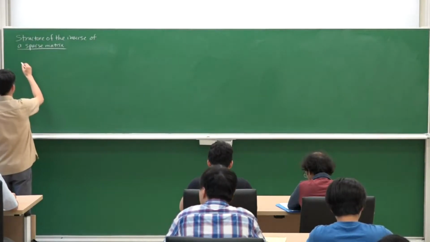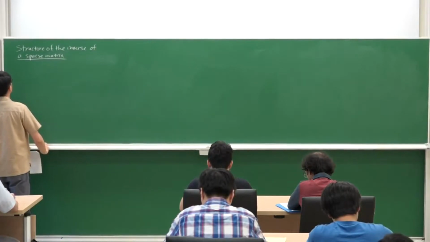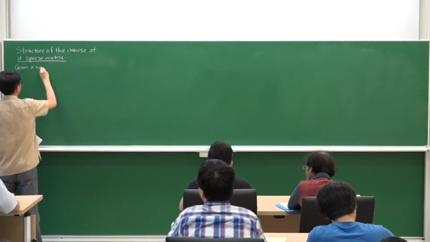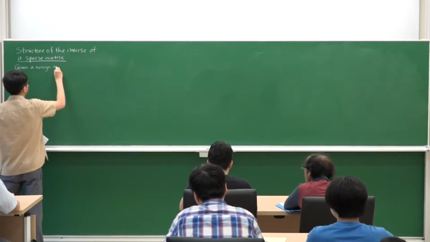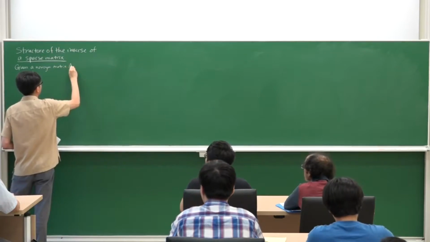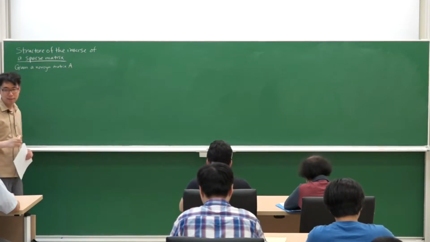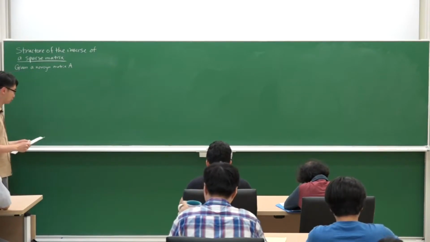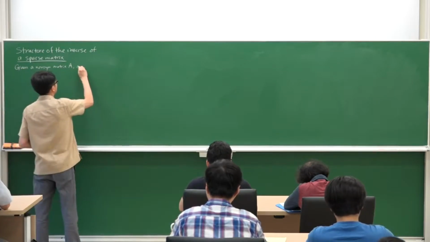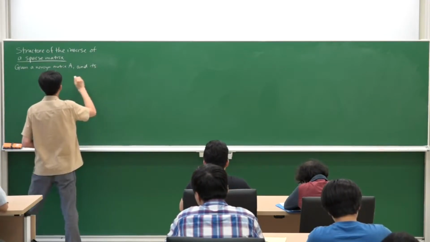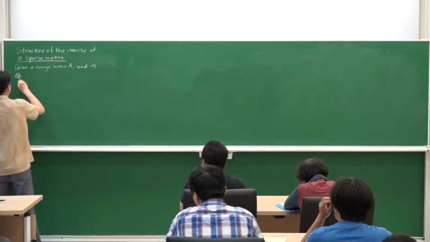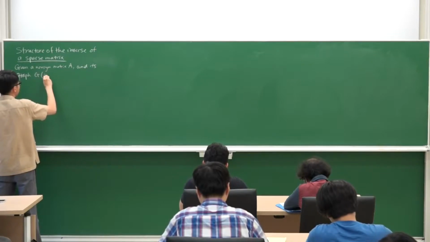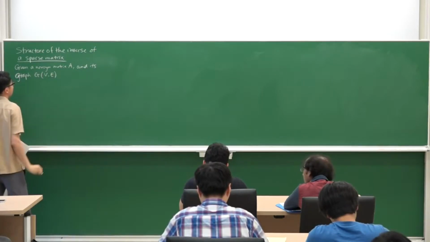Okay, so given a non-symmetric matrix A, and I'm going to talk about non-symmetric matrices in this lecture because we're talking about triangular solutions, so triangular matrices are obviously non-symmetric. And its graph G, and remember G is composed of a set of vertices and a set of edges, right?